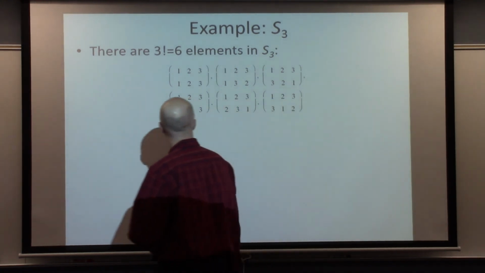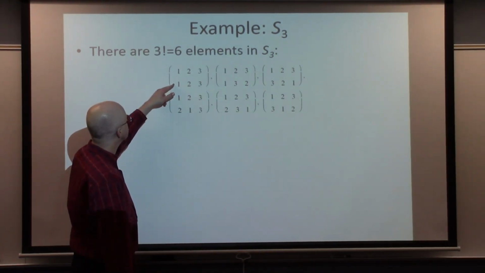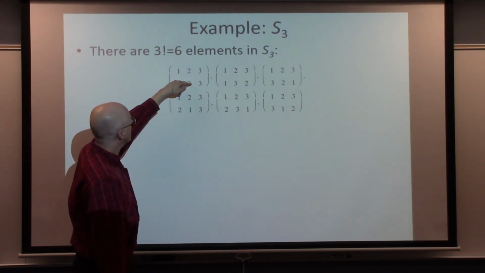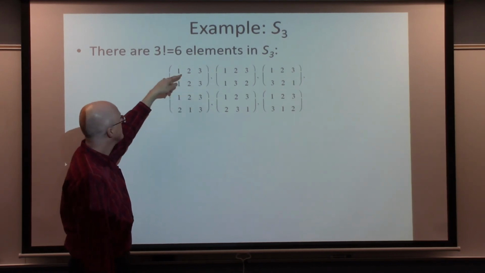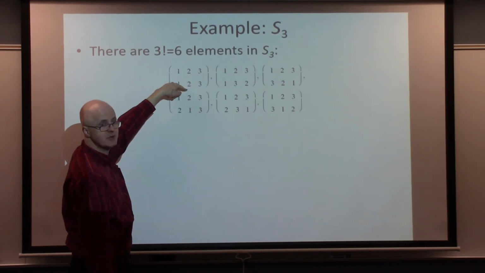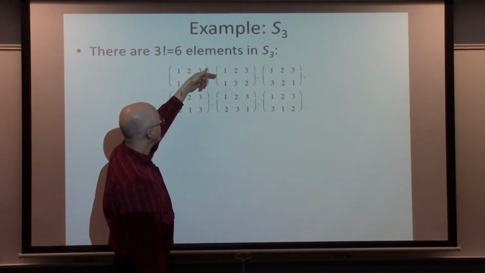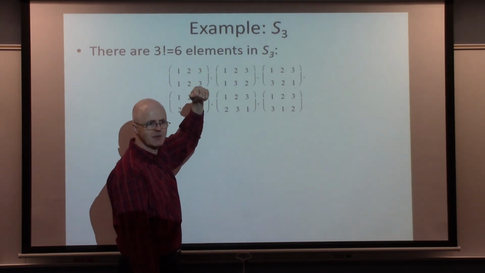So I briefly talked about this notation last time. You read about it. That particular one right there is the identity. The numbers underneath, below the numbers on the top, are the outputs of the function. It takes 1 to 1, 2 to 2, and 3 to 3. That's the identity. This is not an identity. It maps 1 to itself, but it transposes 2 and 3.